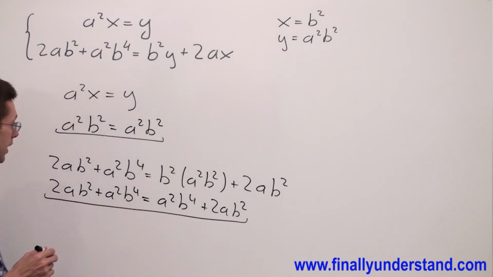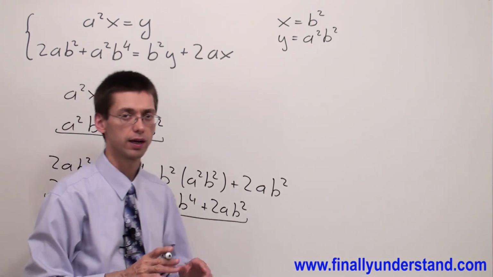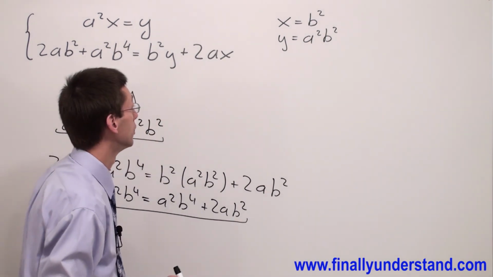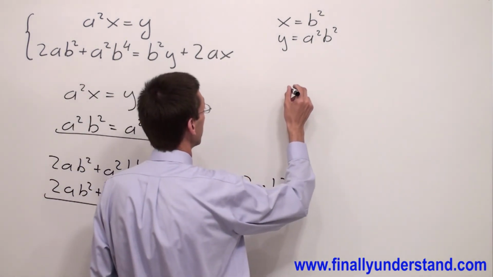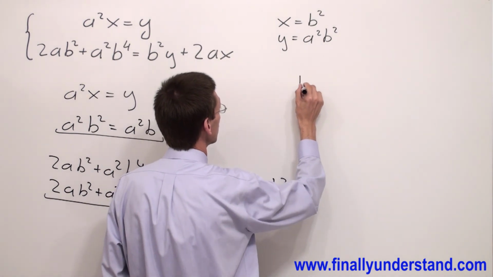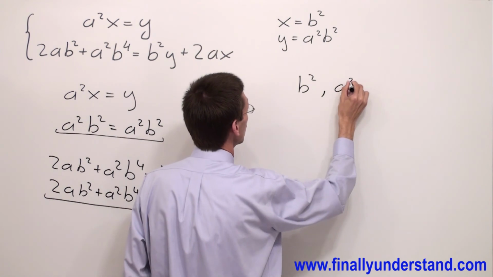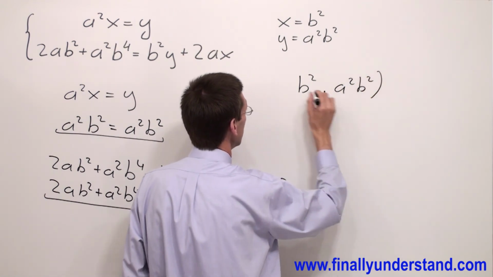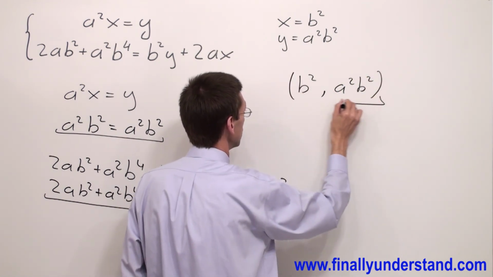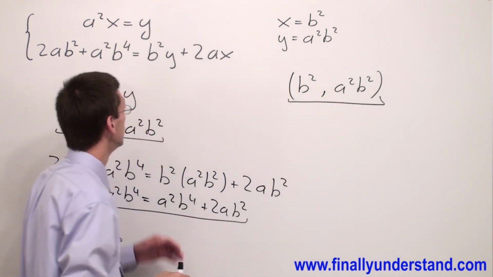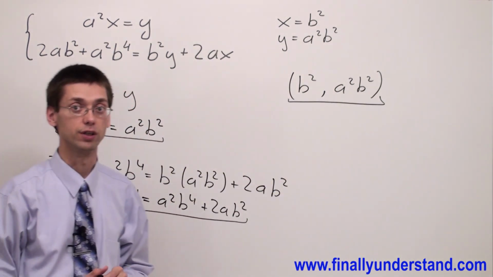So we can say right now that we are 100% sure that the ordered pair x equals b squared and y equals a squared b squared is the solution to this system of two linear equations.